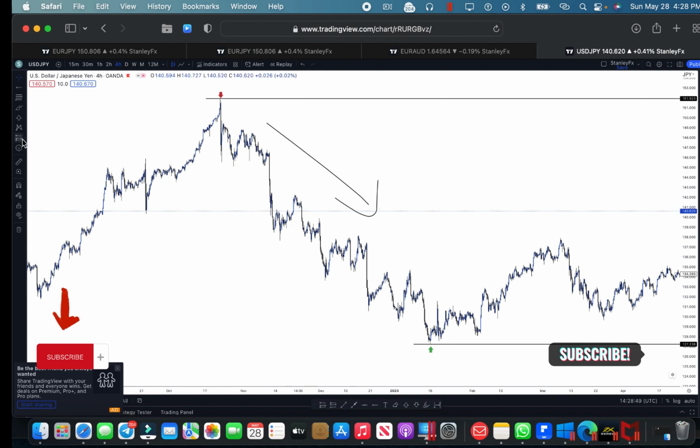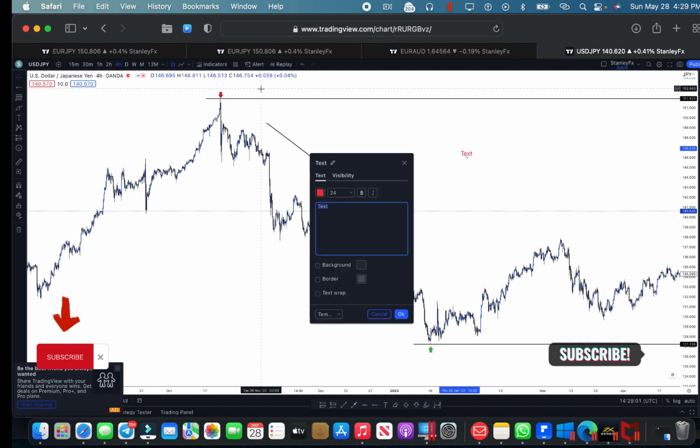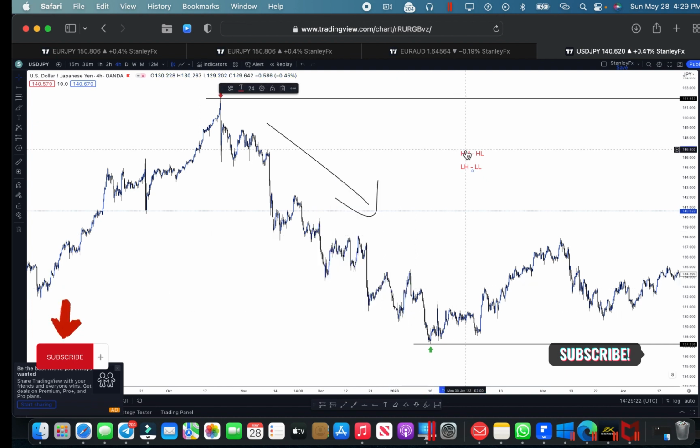Now when we talk about market structure, what are we really looking for? We're looking for higher highs and higher lows in the market, as well as lower highs and lower lows in the market, for us to know what our role is.